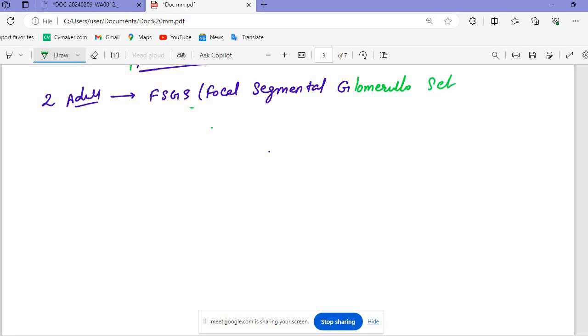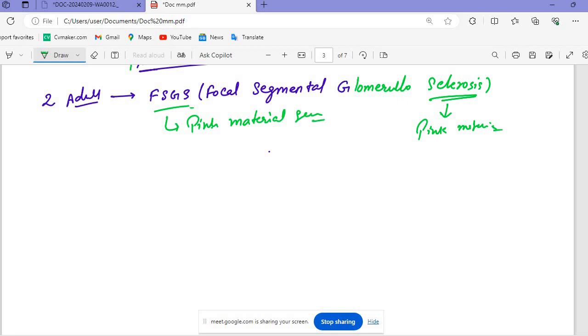When we get sclerosis, remember that we see pinkish material. That is seen in FSGS. So in FSGS, pink material will be seen.